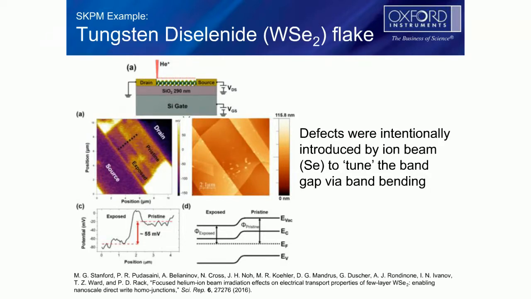Then they induced defects using selenium, and went back and measured the surface potential. From the resolution on this, I'm guessing that they did in fact get quite close to the surface, because this looks to be quite good resolution. So it's a nice application of surface potential.